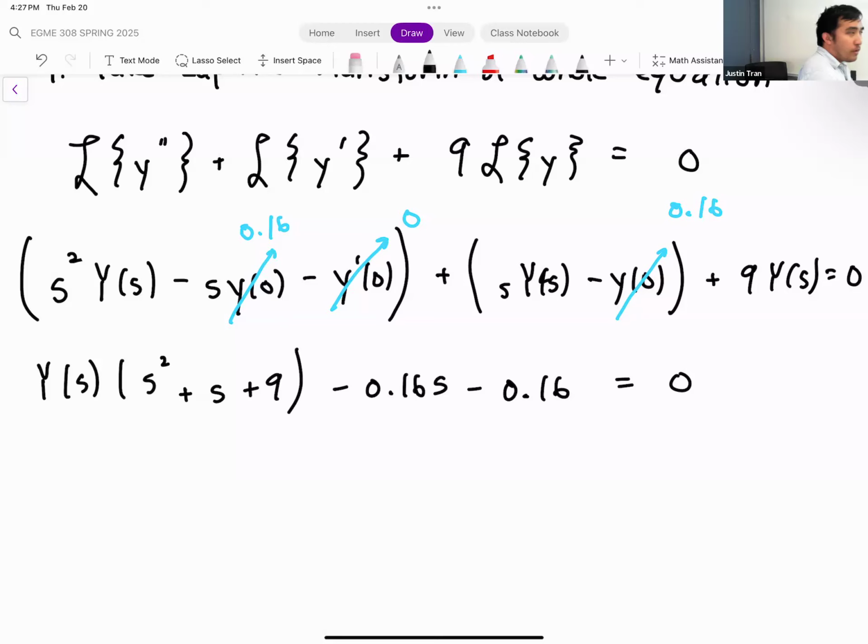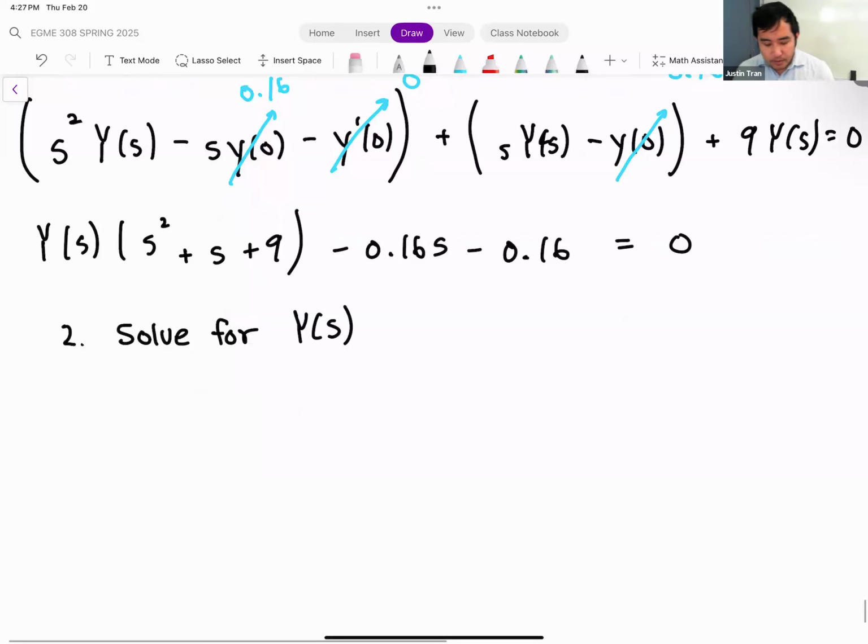All right, now that we plugged in all of the initial conditions, let's solve this equation for Y of s. That's step 2 of our procedure. Solving for Y of s is pretty straightforward here. I'm just going to move the 0.16 s and the 0.16 to the other side of the equation, and then divide the entire equation by s squared plus s plus 9.